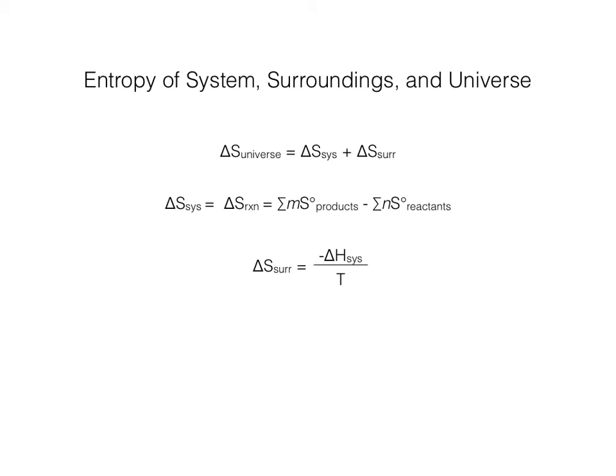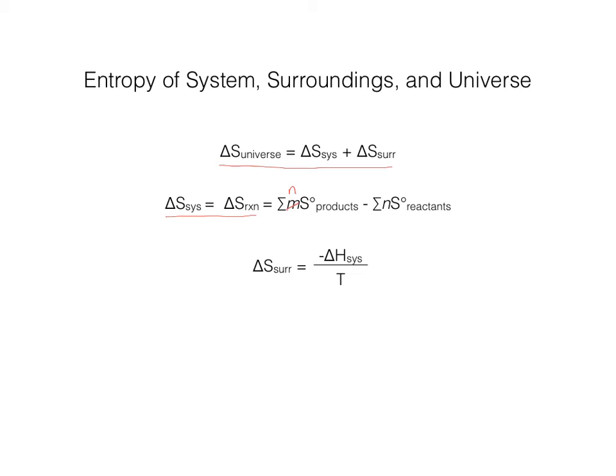So remember that we talked about how the change of entropy of the universe is equal to the change of entropy of the system plus the change of entropy of the surroundings. And we defined that the change of entropy of the system is equal to the products minus the reactants multiplied by their stoichiometric coefficients added together.